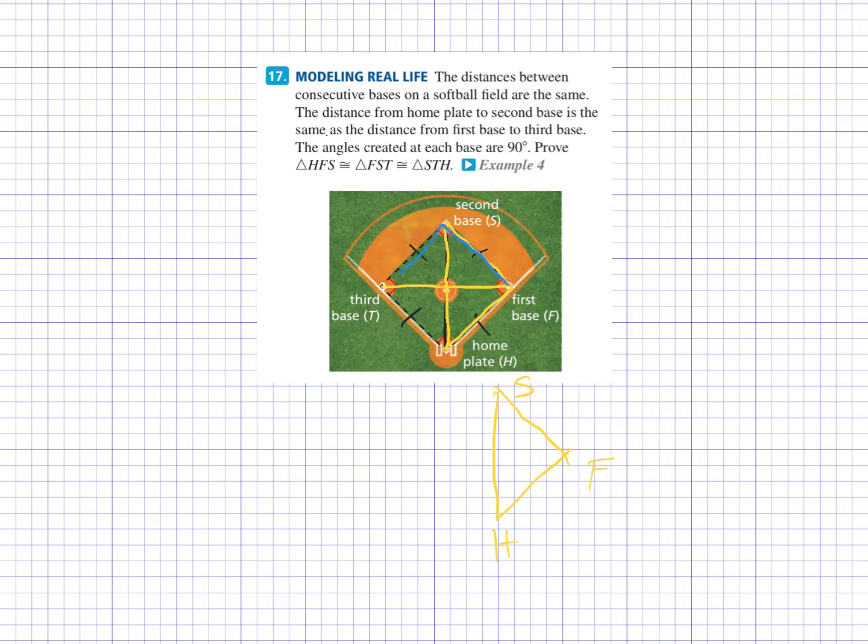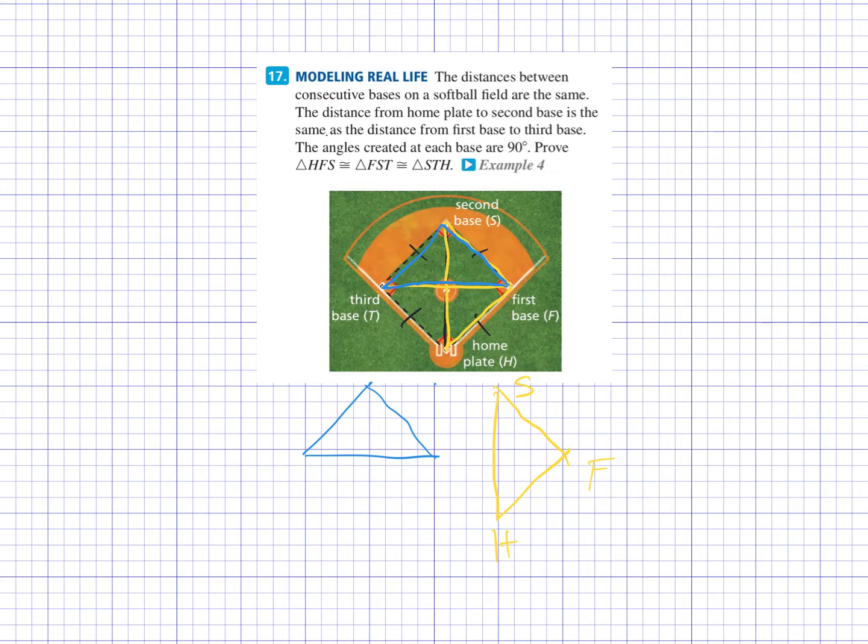All right, so we're going to draw this out here. Okay, so that one's this one. I try to draw these nice and neat. Okay, so that's first base, second base, and third base here.